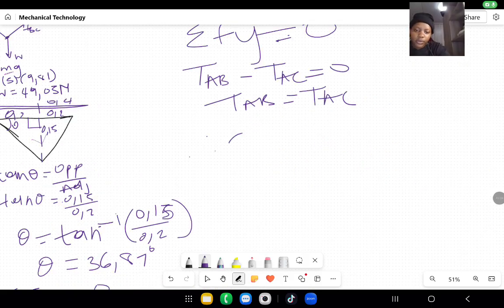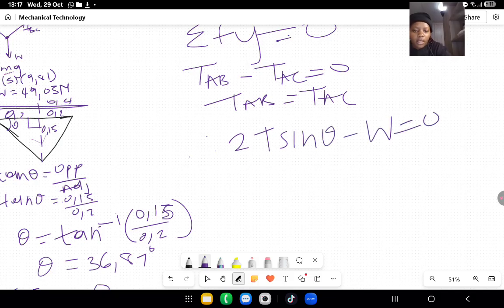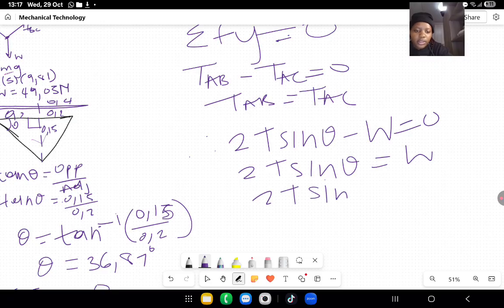Therefore we'll have 2T sine theta minus W equals to 0, so 2T sine theta equals W. With the angle 36.87 degrees, the weight is 49.05.